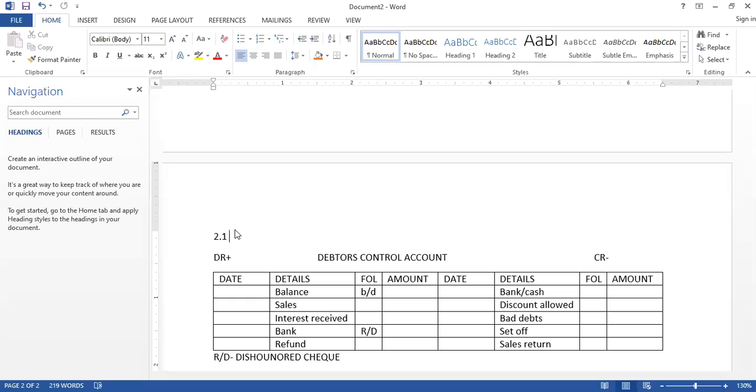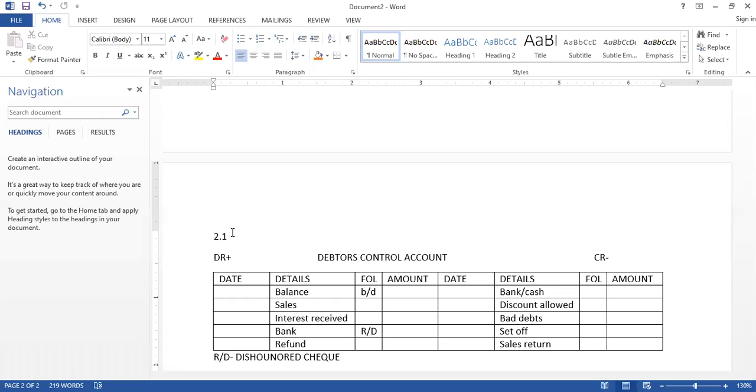So it says that a control account summarizes our ledger accounts. First, the main purpose is to calculate our debtors balance. That is a very important purpose of drawing up a control account. Another purpose is that a control account summarizes a set of accounts.